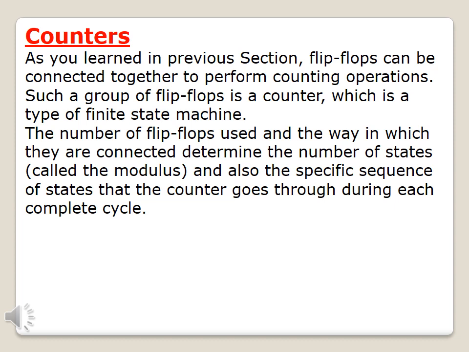Suppose the counter counts 0 to n, it is called an up counter. A down counter counts from the highest number to the lowest, n minus 1, 1, 2, 3, then 0.